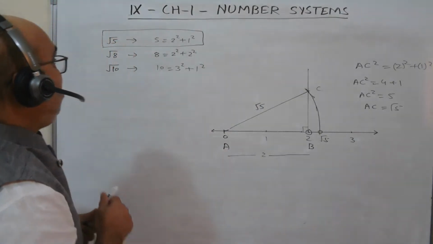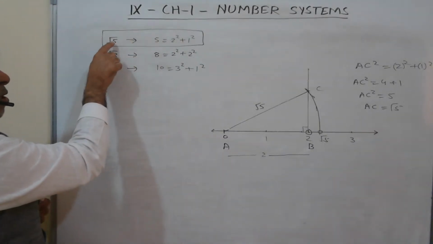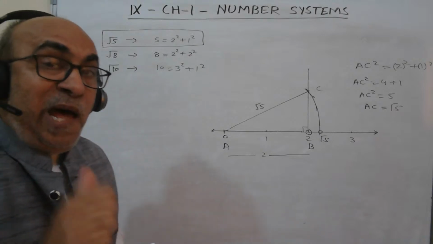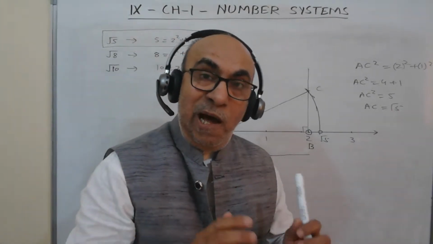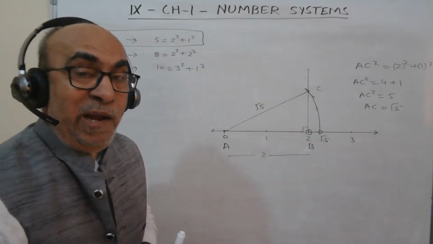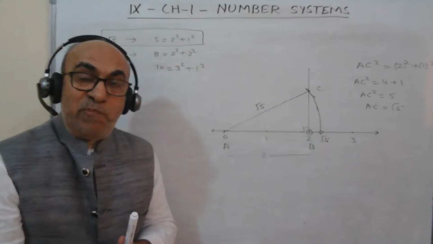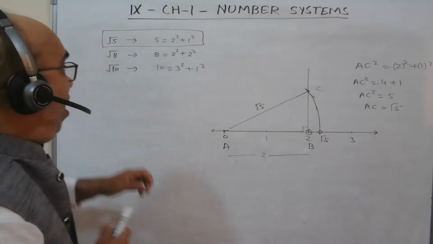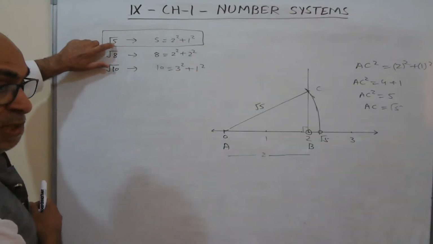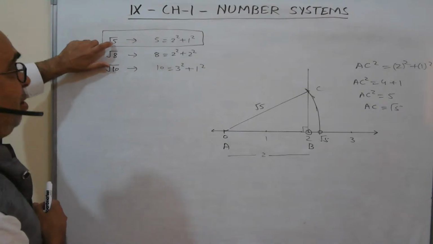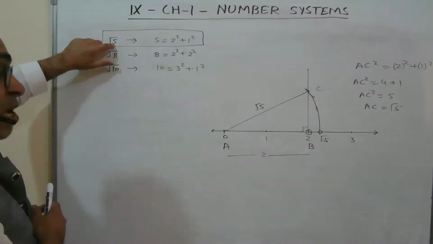In this case, these radicands are natural numbers. And there is a question in the CBSE textbook, where this radicand is a decimal number.